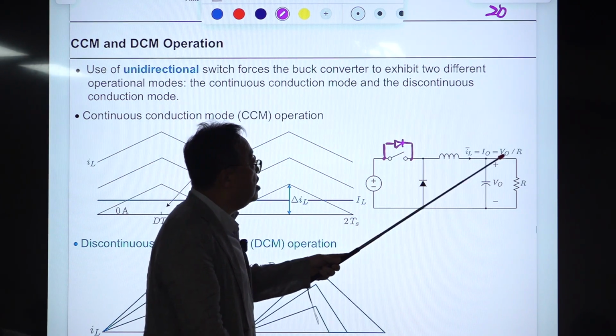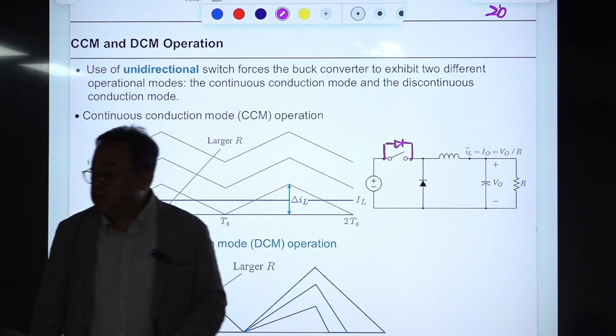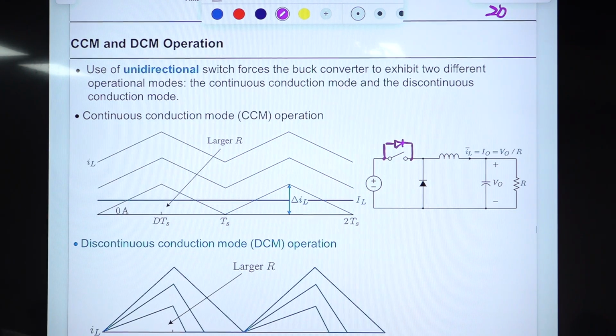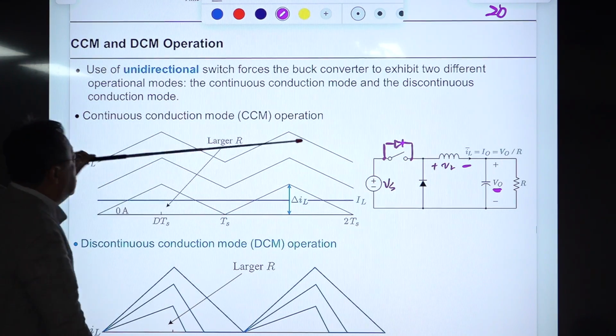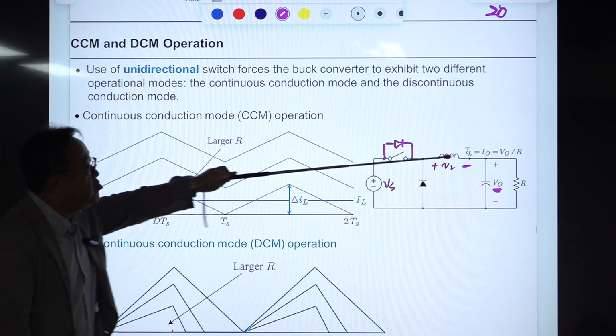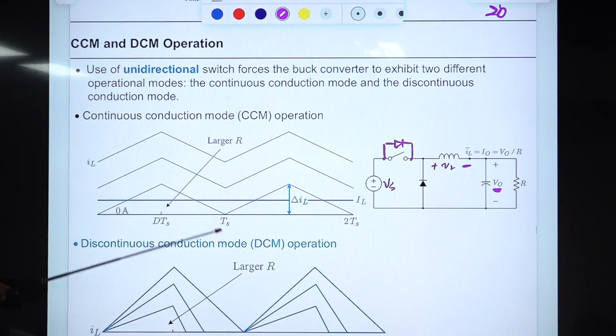Then during the on-time period, assuming the duty ratio is fixed, this VL is VS minus VO here. So start from here. With some value, this average value is VO. If D is fixed, then the output voltage is fixed.